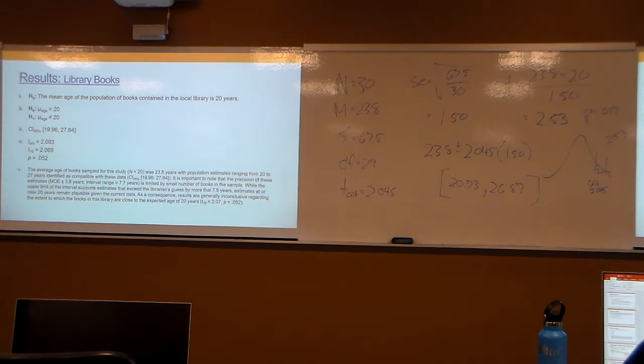I don't want to read you things that you can read yourself, but saying average age of books sampled in this study was 23.8 years, with population estimates ranging from 20 to 27 identified as compatible with these data. I'm giving it a practical interpretation of the confidence bound. We found 23.8 years, but our population estimates range, with some rounding here, I would still say 21 to 27 years compatible with the data.